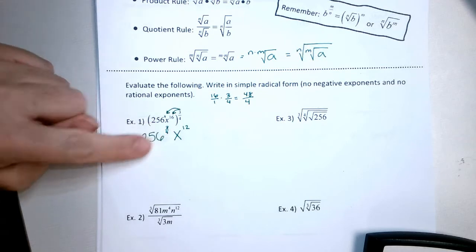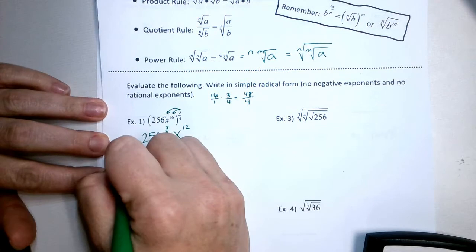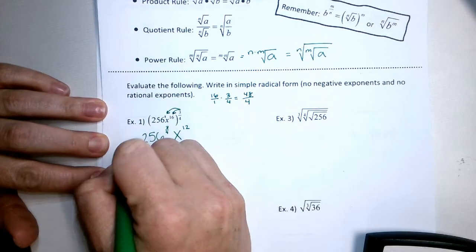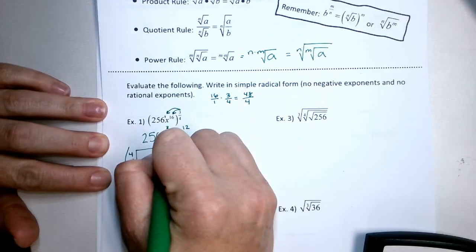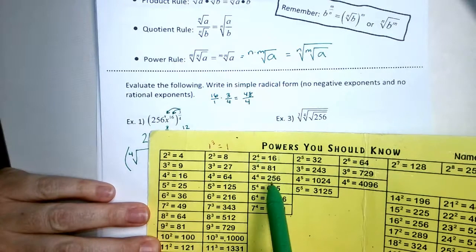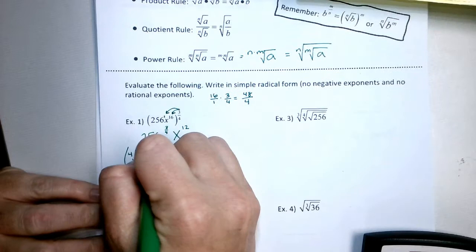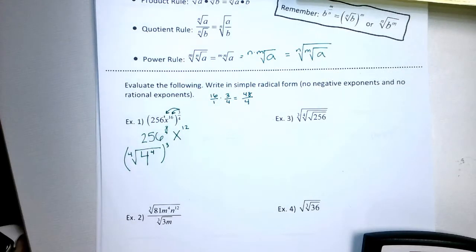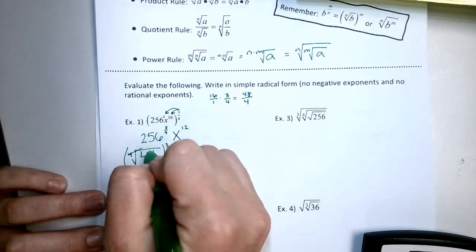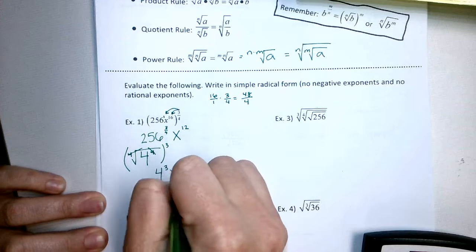This is just like a problem from yesterday. So we're going to do the 4th root. Remember, the bottom number is your root, the top number is your power. What to the 4th power gives us 256? 4. Okay, and remember the 4th root cancels the 4th power. And we get 4 to the 3rd power times x to the 12th power.